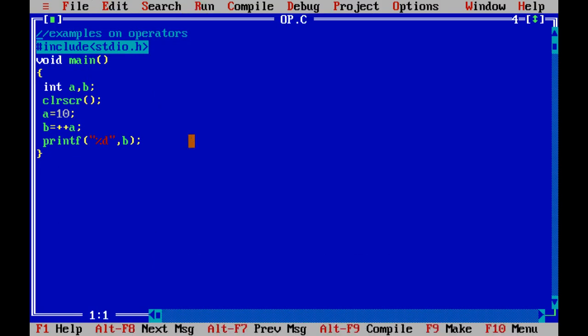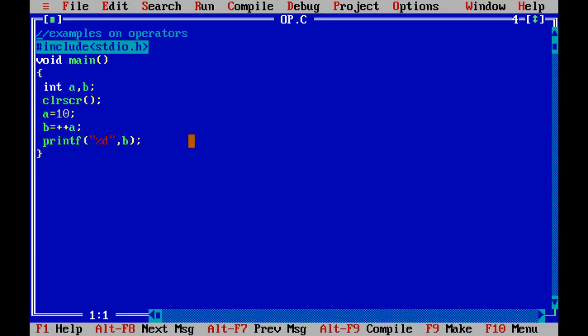Expect the output. The output is 11. In the previous one, b equals a plus plus gave the output 10. The a value is 10 and the b value is 10.